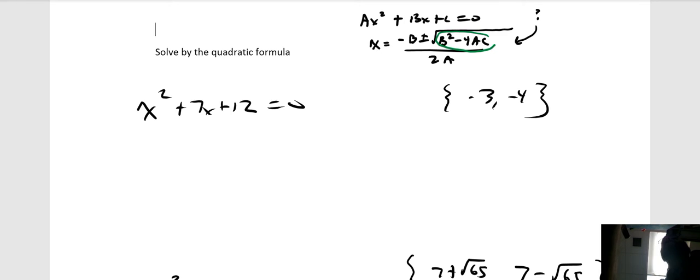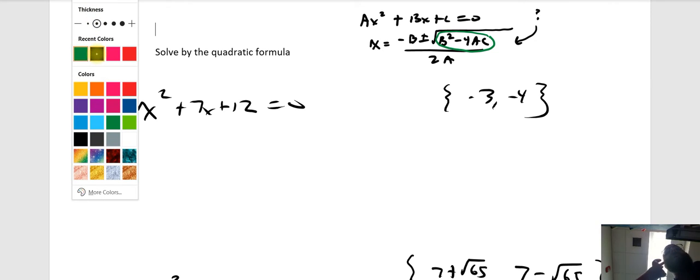If this comes out to be 0, there's really only one solution, minus b over 2a, and it's a real solution. If it comes out to be some positive number, then you have two real solutions. And if it comes out to be some negative number, then you have an imaginary solution because you have a negative value under the radical.